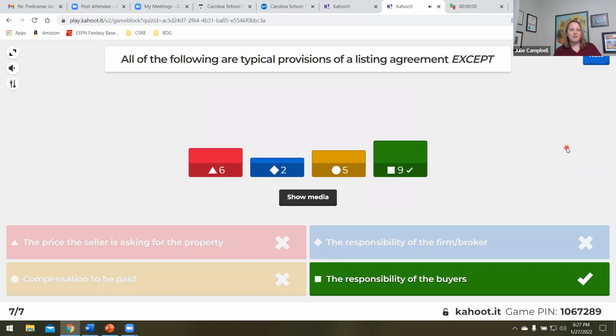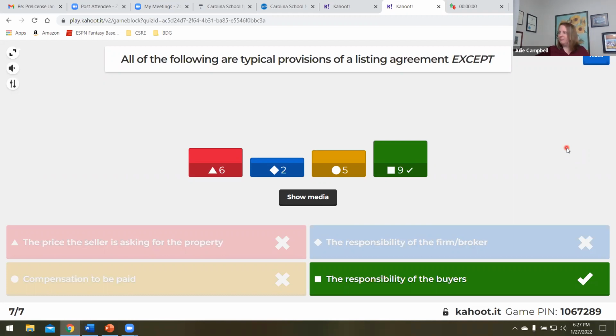Are the buyers in a listing agreement? Listing agreements are between who? The seller and the firm. Sales price is a very important provision of the listing agreement. So of these, what you're not going to find in a listing agreement is responsibilities of the buyers. Questions?